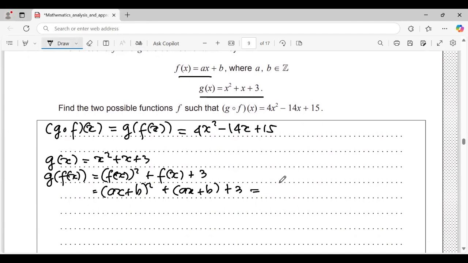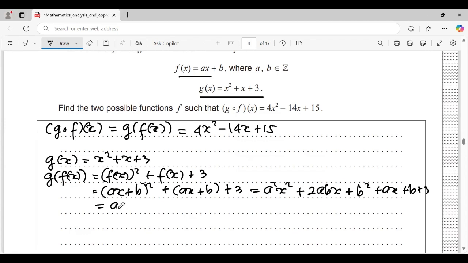So if we expand, it becomes a squared x squared plus 2abx plus b squared plus ax plus b plus 3.